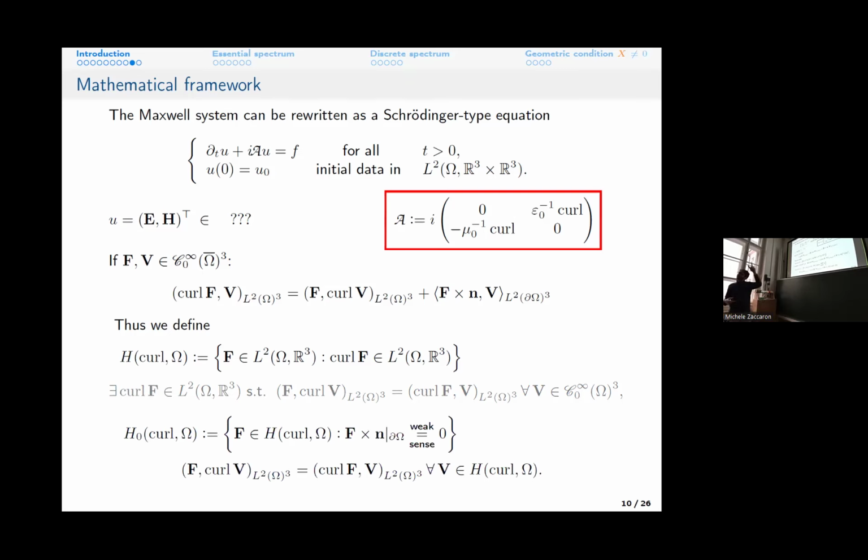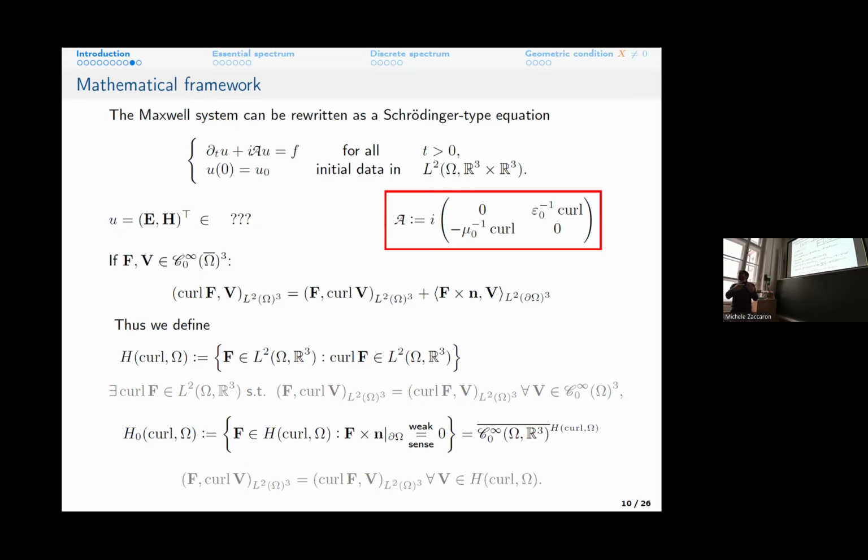In the same way, as with H1 and H10, I can define the H0 curl space, in the weak sense the closed subspace of H curl of zero tangential trace. So again, I can flip it on the other side against fields that can be non-zero at the boundary. And there is also a strong formulation, exactly as in the case of H10 for the Laplacian, by means of a closure with respect to the norm.